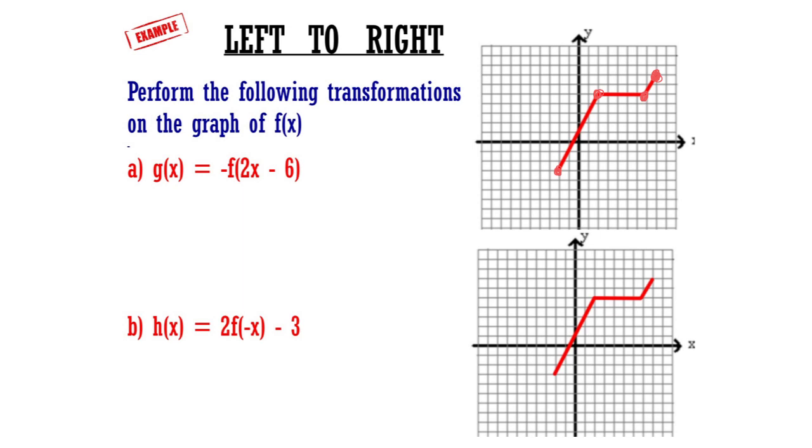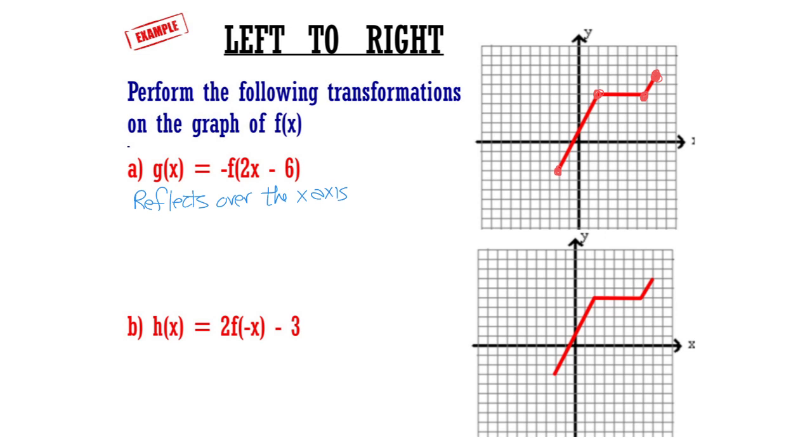So that's a vertical reflection, but usually we think about it as flipping upside down. So we'd say it reflects over the x-axis. That would be the first thing I would have to do.